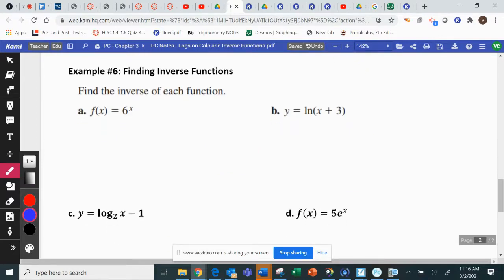All right, and then the last thing is these are going to be equations, and we're going to find the inverse of that equation. Now, we did finding inverses in chapter 1, so it's been a while. To find the inverse, the first thing that you do is you switch x and y in the equation.